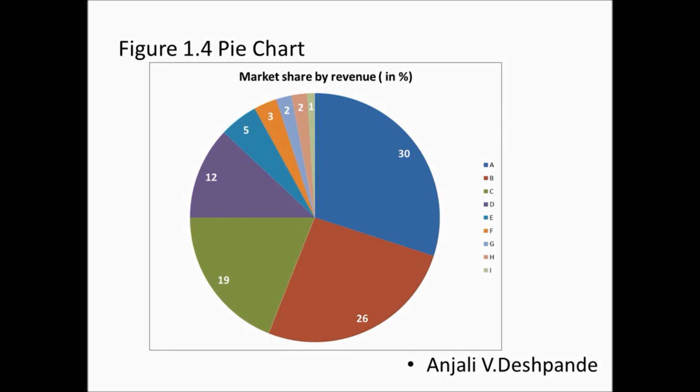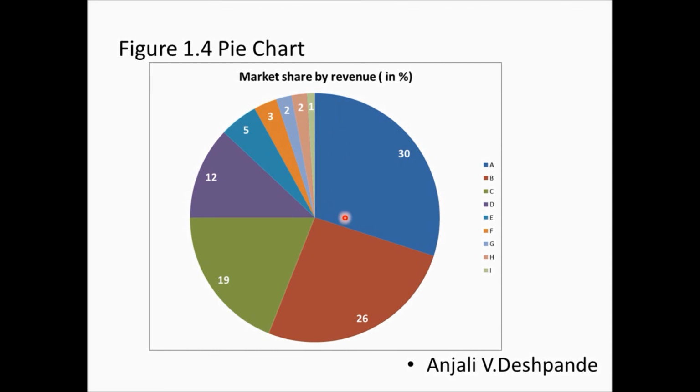So what has to be done? The steps to draw the pie chart are like this. First, you have to convert the various observations which are given in percent in the data set into corresponding degrees in the circle by multiplying each by 3.6.